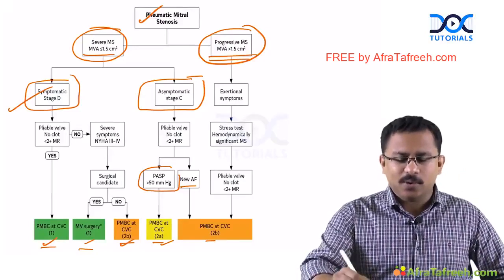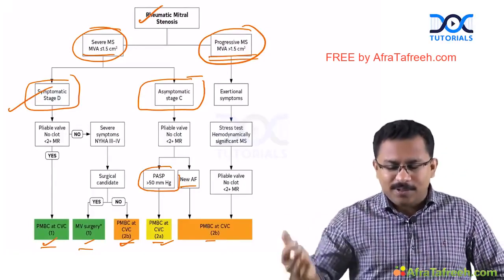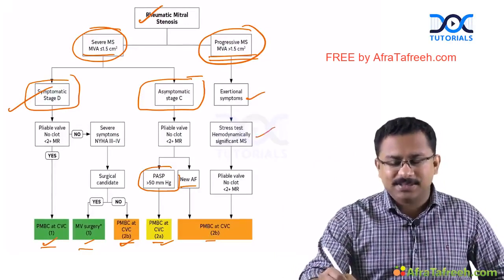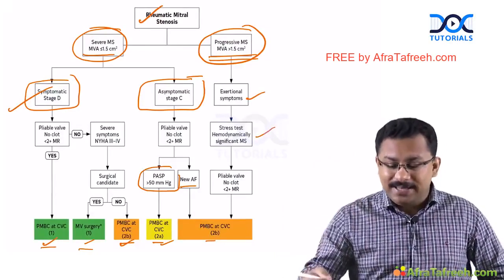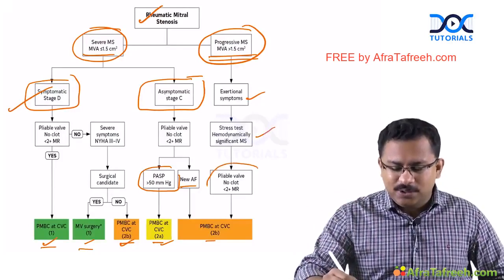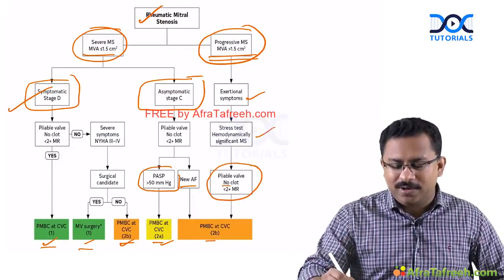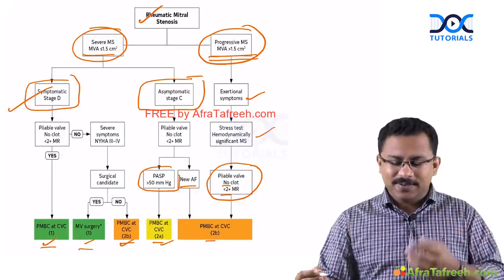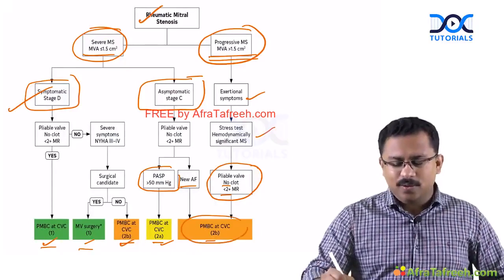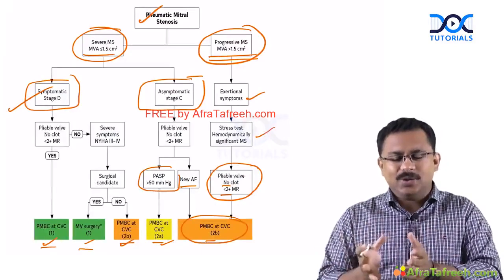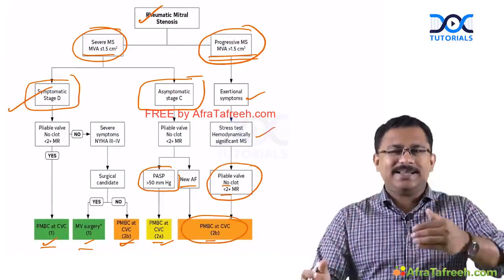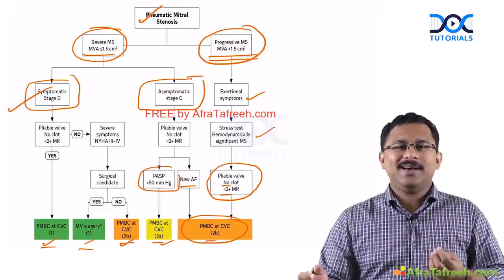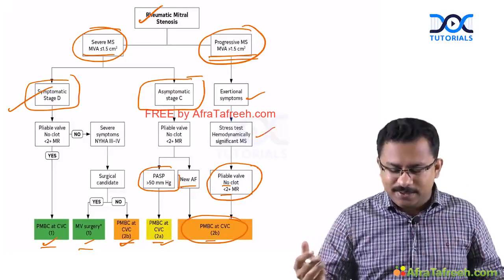Even in patients with progressive MS, even if the valve area is more than 1.5 centimeter square, if the patient has exertional symptoms, maybe hemodynamically significant MS, and there is a pliable valve, no clot, and less than 2 plus MR, as we have just seen in Cellar's subdivision, in that case also you can go for it. So in certain scenarios, even in the lower stages, stage C and stage B, you can go for percutaneous balloon mitral commissurotomy.